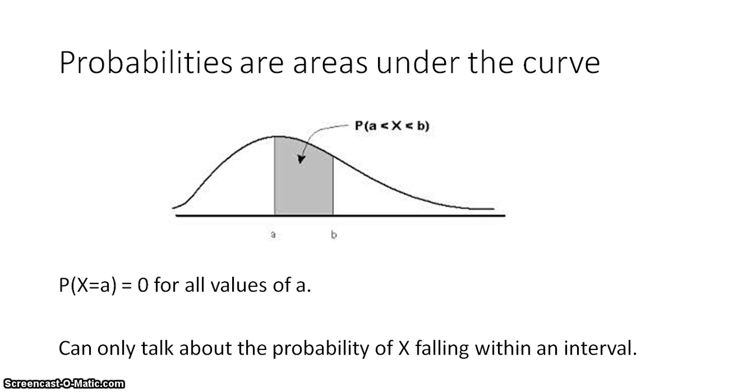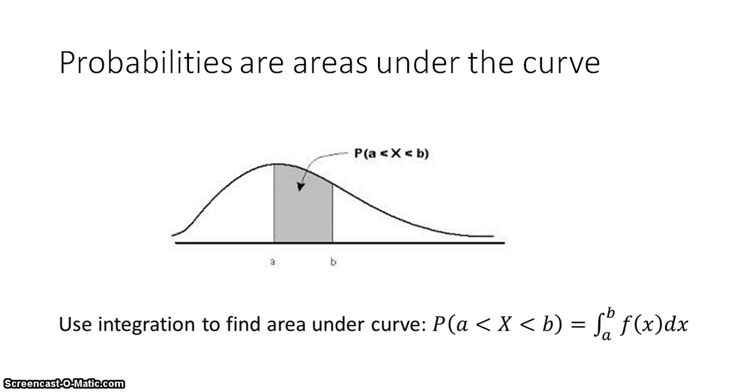There are just so many possible values, an infinite number of possible values, that the chance that it takes on any particular one is 0. So we can only talk about the probability of x falling within some interval. We can't talk about the probability of x taking on a particular value.